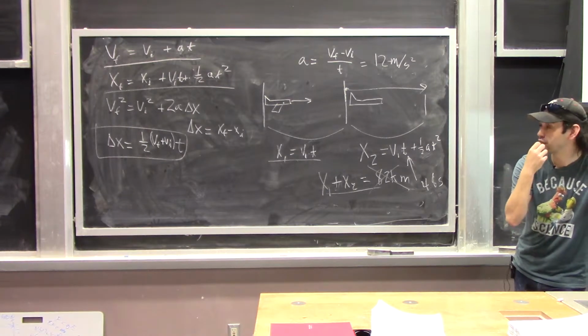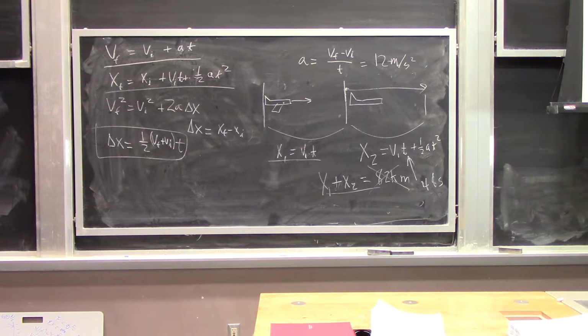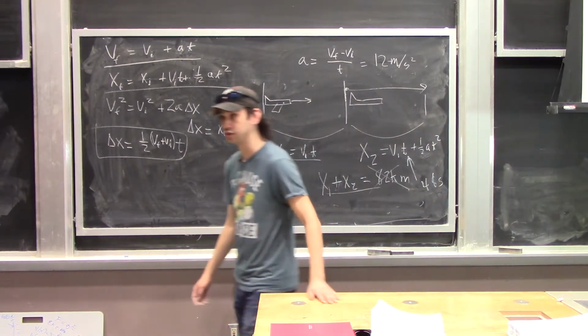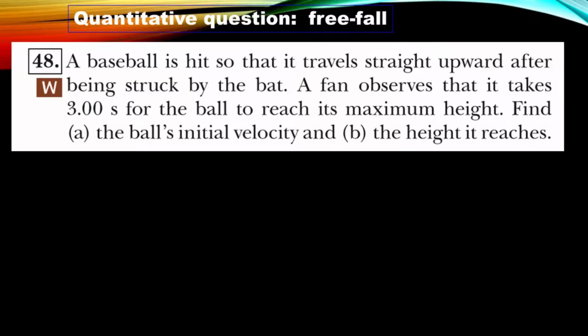So the next one's actually going backwards a little bit. This one's a little bit easier than some of the other ones. But you have to take into consideration two things here. We know that this is moving under the influence of gravity, so it has a known acceleration. The acceleration due to gravity, conventionally we say is negative because we say up is positive, gravity acts down.